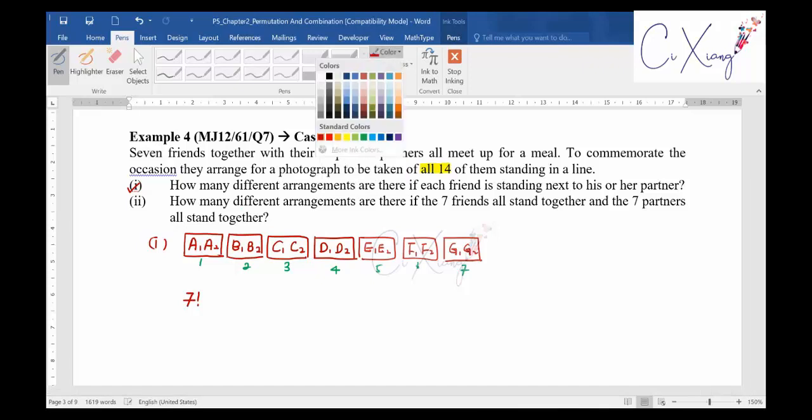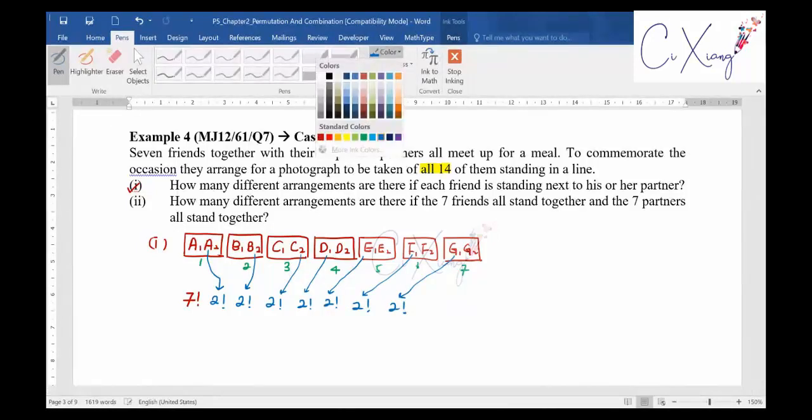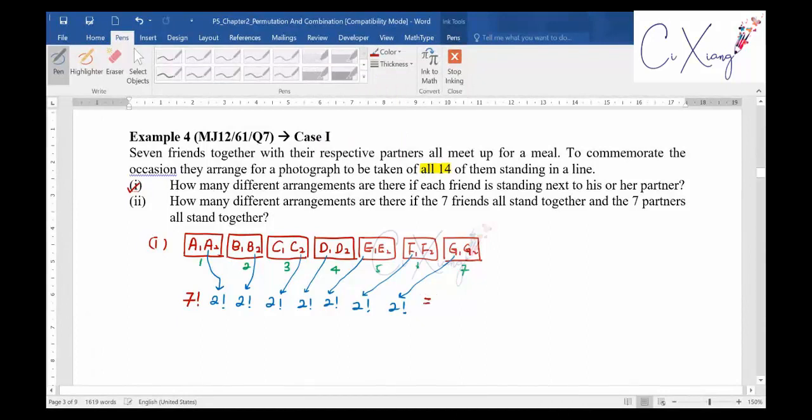Then for each group, you also need to consider the arrangement inside, so you have 2 factorial for this one, and 2 factorial for this one, and so on for every group.